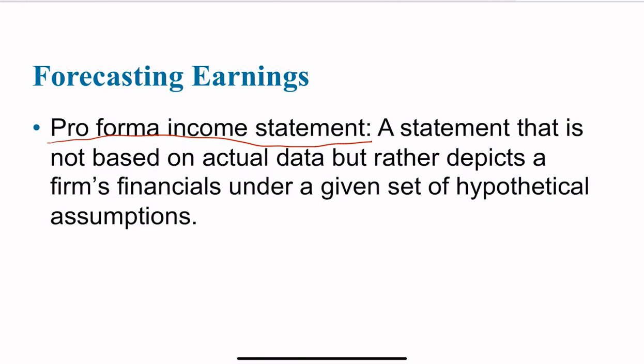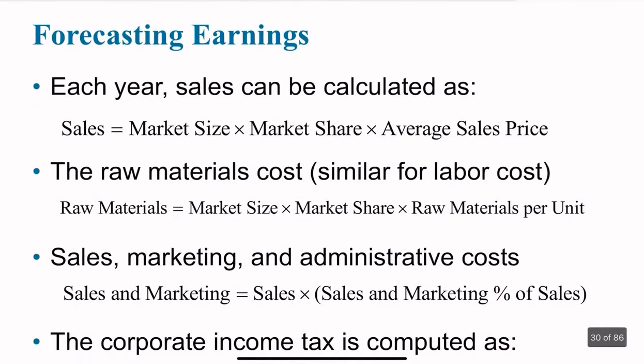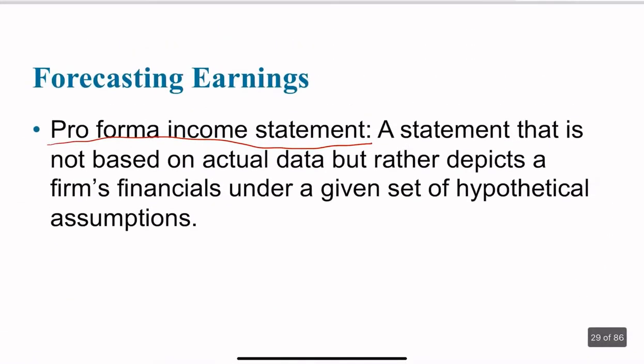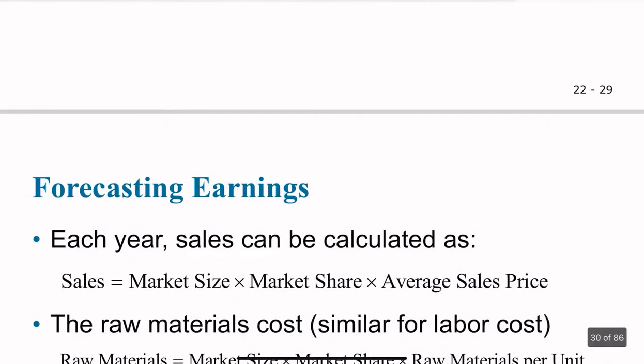So it's really about forecasting the future. So let's see how we can get this pro forma income statement. Clearly, if you want to build an income statement, the first step is you want to look at the top line, right? What is the sales number?